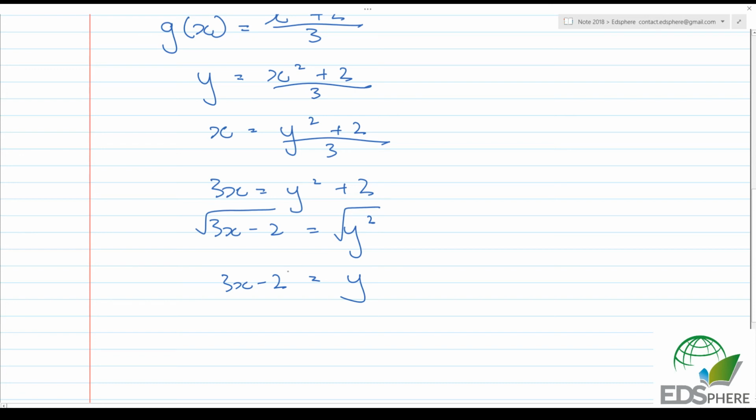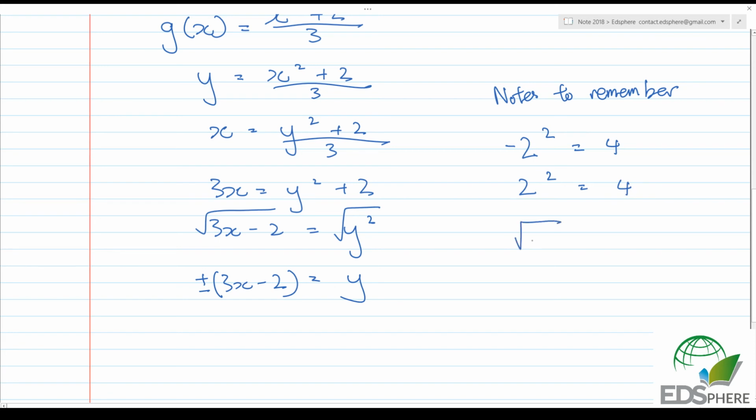When we square root, we have to remember the plus and minus sign. Why? Well, remember this, just kind of like notes to remember. Minus 2 squared equals 4. 2 squared equals 4.